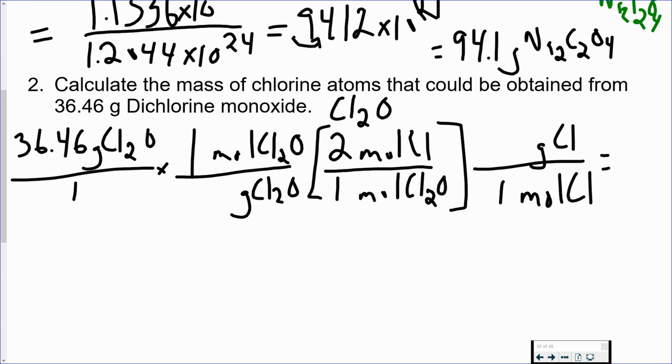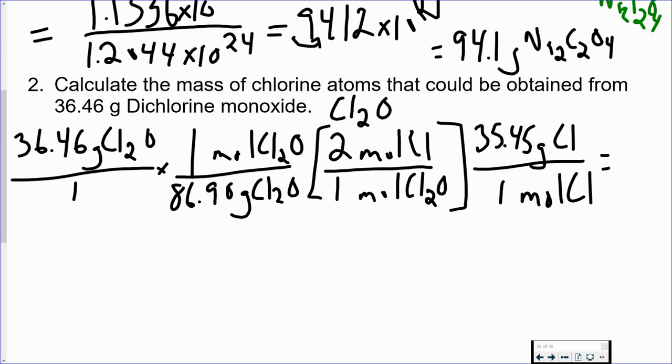Gram molar mass, you're going to have 70.9 plus 16, giving you 86.90. And we're going to use 35.45. If you're wondering how I got 70.9, I took 35.45 and multiplied it by 2. So take your tops.